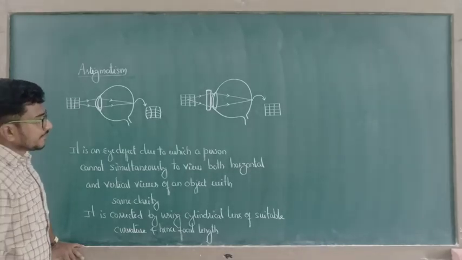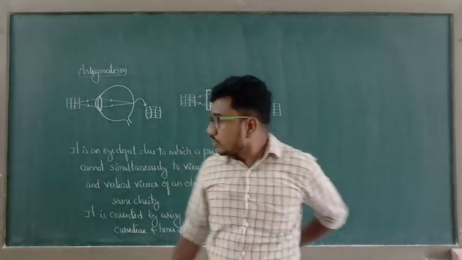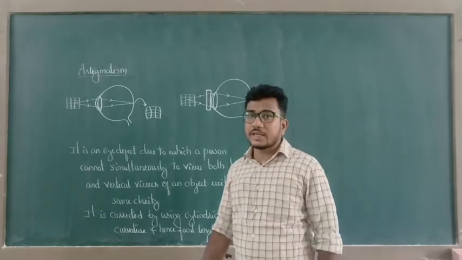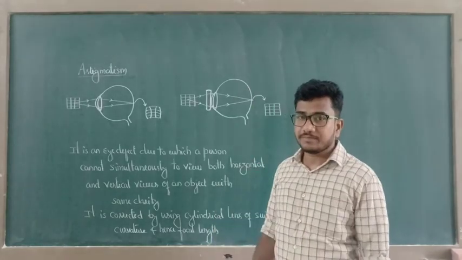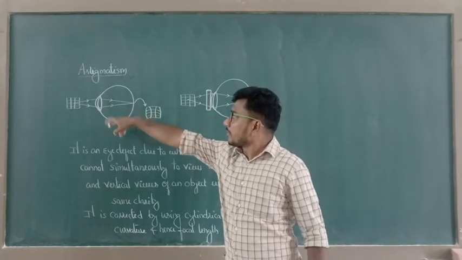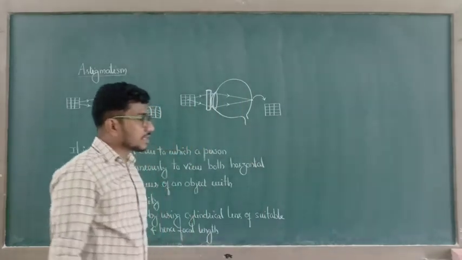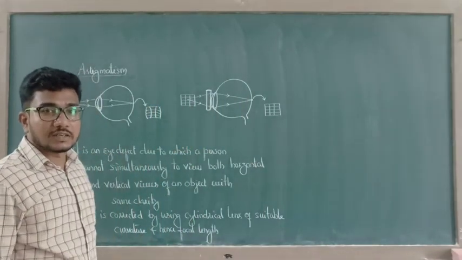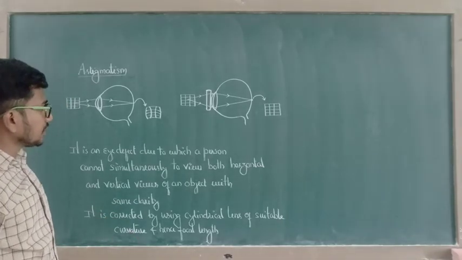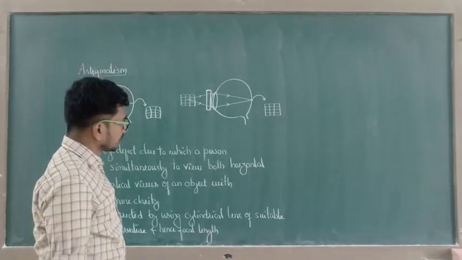So this eye defect occurs when the cornea is not perfectly spherical in shape. During that instant, that person cannot see simultaneously both horizontal and vertical views of an object with the same clarity.